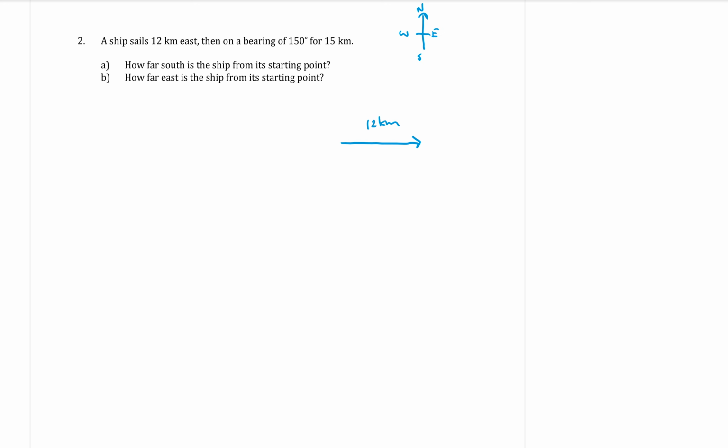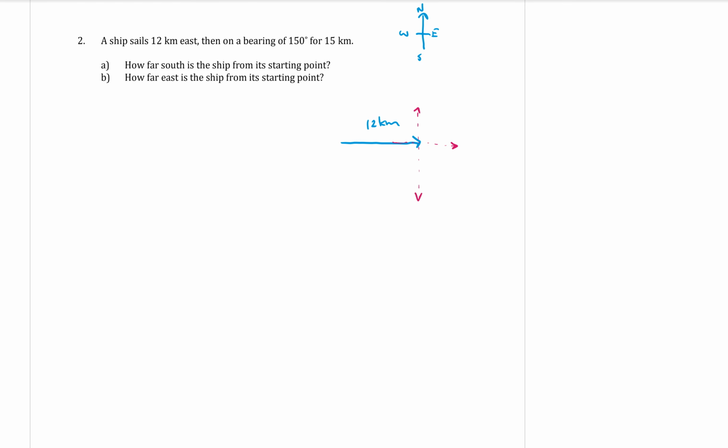Now, a bearing is not quite so easy to get right without showing a compass on there. So what I'm going to do, I'm going to use a different color to do some compass arms at that point. So I'm here at the end of my first arrow, and here's my compass, because I now need to measure 150 degrees, not accurately, but just approximately. So remember, to this arm out here, from the top around to that first arm, that would be 90 degrees.